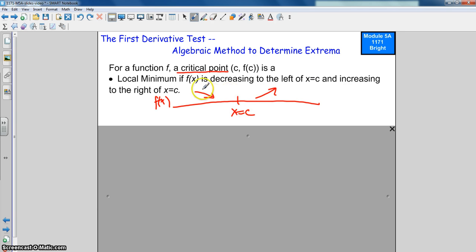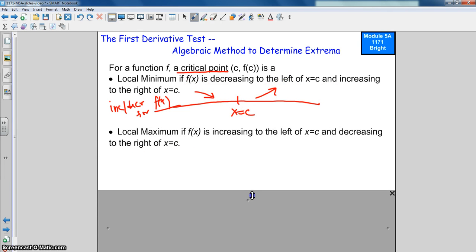So when we make a sign chart, or I'm going to actually call it an increasing and decreasing chart for the function, at a critical point, we should see this behavior occurring.